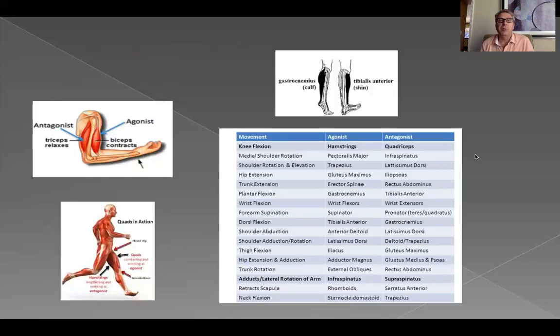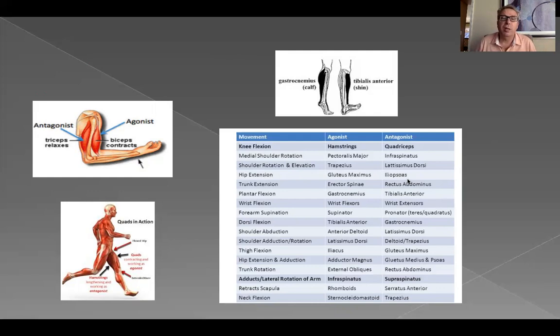That's it. And here's just some examples of agonists and antagonists. So this is your hip extension, the iliopsoas is in the front of your hip, obviously the gluteus maximus is your butt muscle. Trapezius is your traps, and the latissimus dorsi.